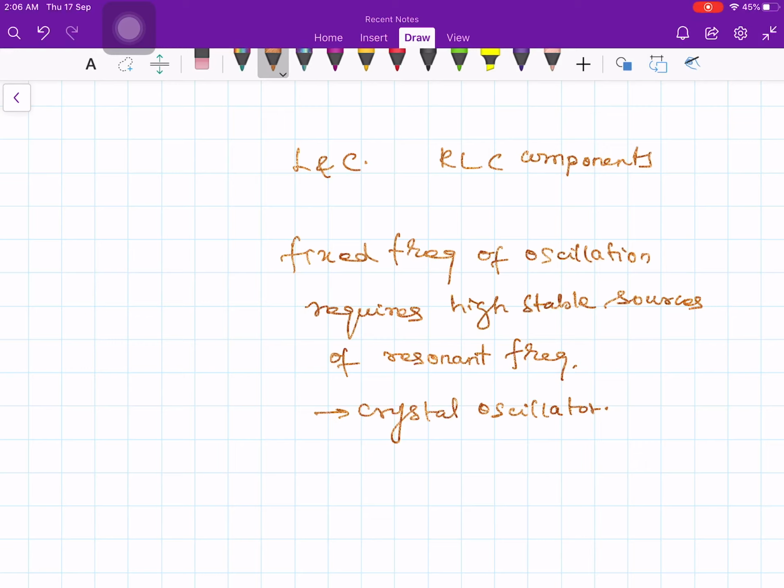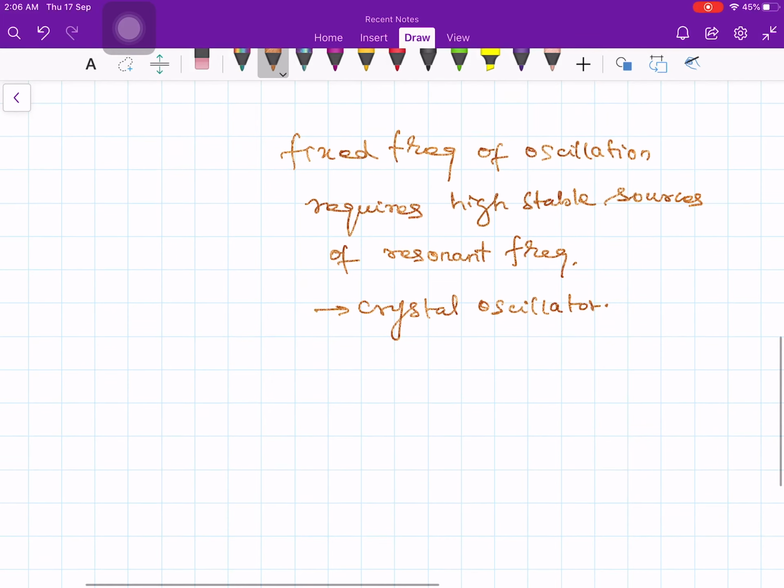Electrically, it can be modeled as a parallel resonant circuit. A crystal oscillator is a very stable source of oscillation. If you use a crystal in the tank circuit, that is the parallel resonant circuit of an oscillator, it is a highly stable source. Once you start with a highly stable source like this, there is no way you can change its frequency.